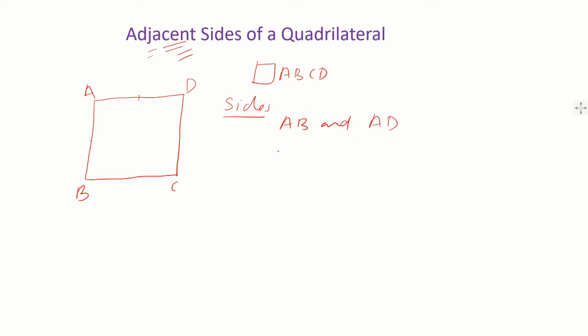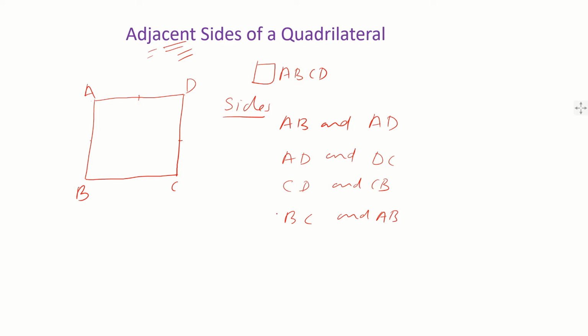Then I can write AD, D is common, and DC, where D is common. I can write CD, where CD and CB I can write. Then I can write BC and AB. Write AB or BA, both are same.